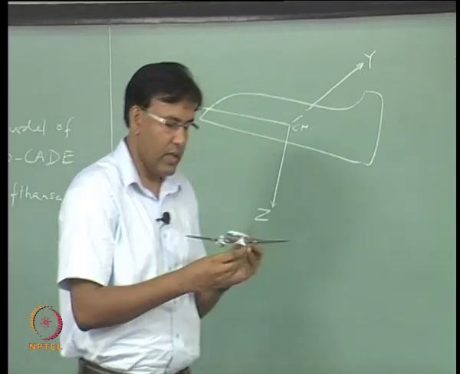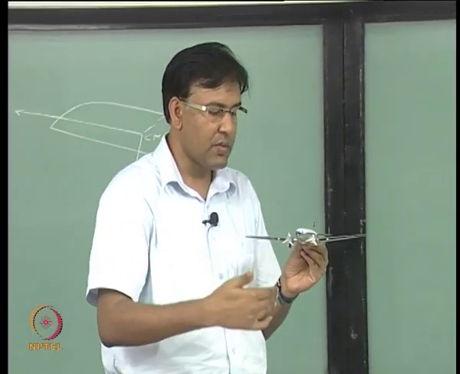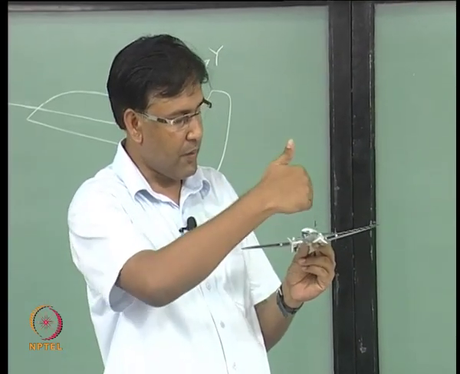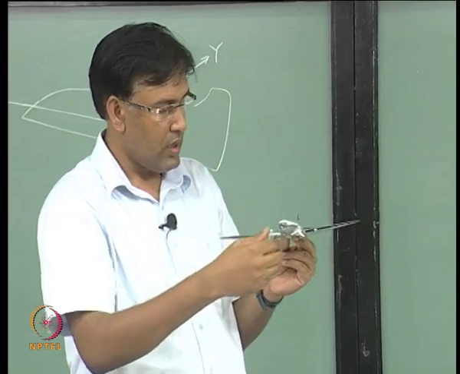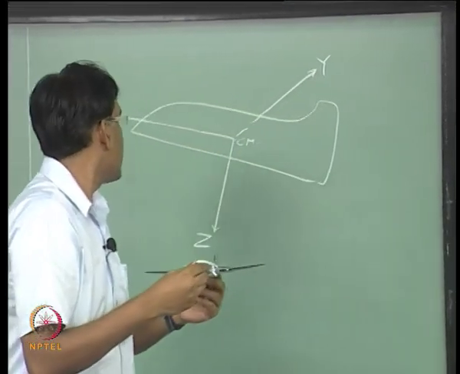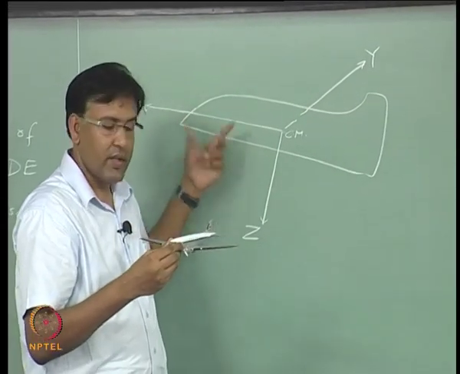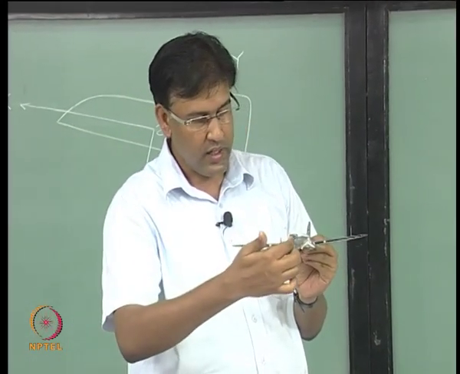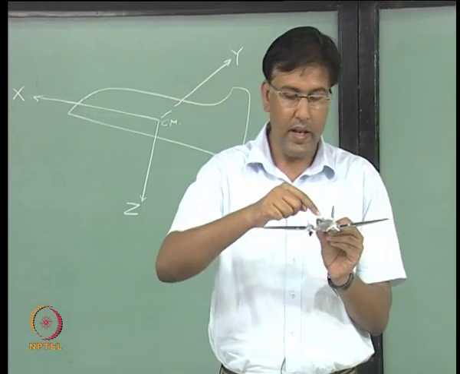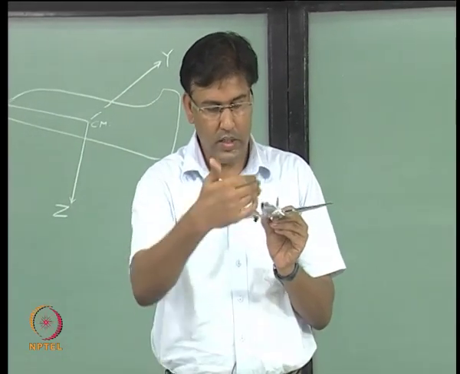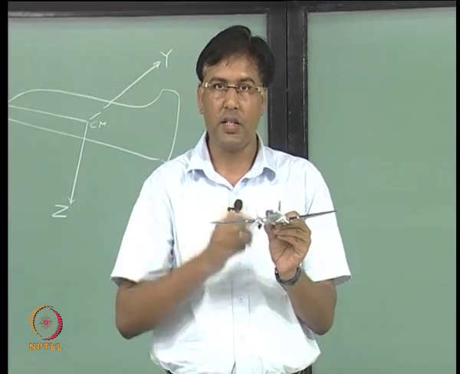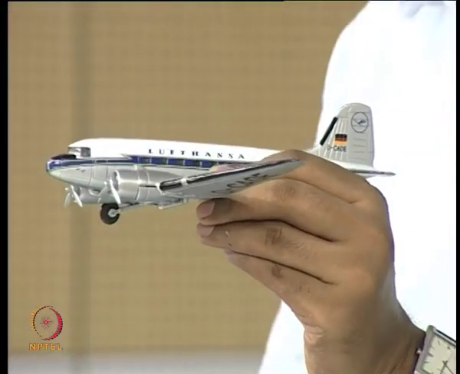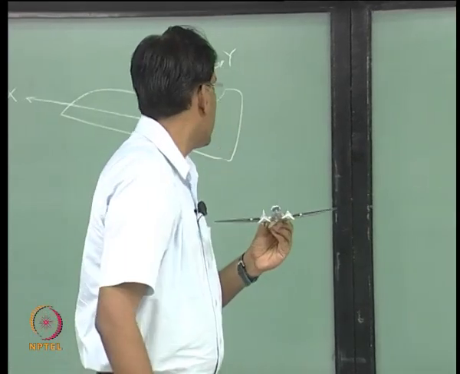The aircraft is actually symmetric about this plane which is passing through the axis x of the aircraft. So, if you look at this aircraft model carefully, this is the plane which is dividing the aircraft into 2 equal parts, and that plane is the plane of symmetry, also called longitudinal plane of the aircraft.